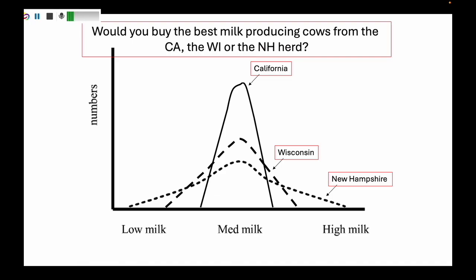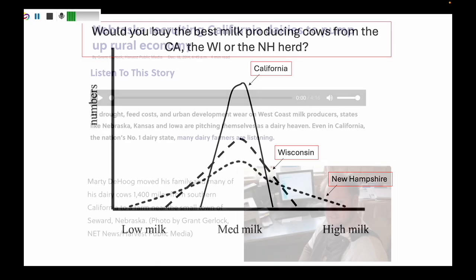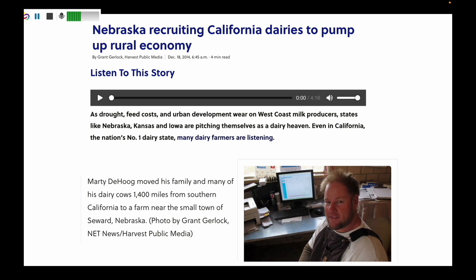These are hypothetical but realistic, and this is the phenotype distribution we see. My question is, where would you spend your money to buy cows that will join your herd but also be the future mothers of your herd? Okay, so that's the question.